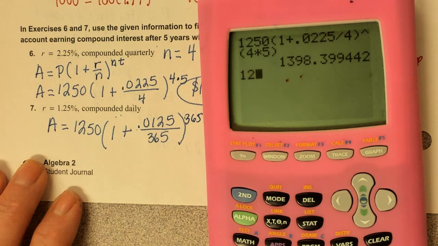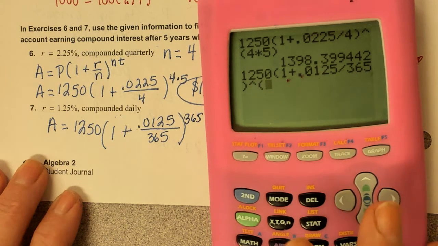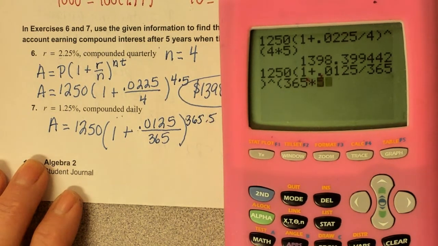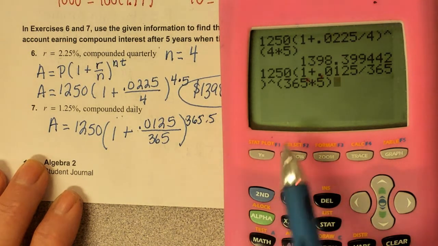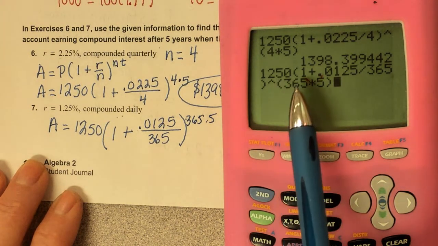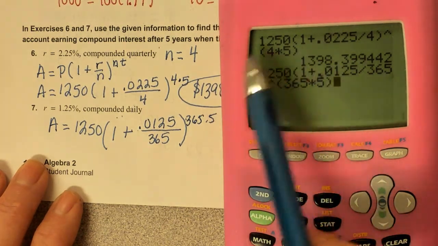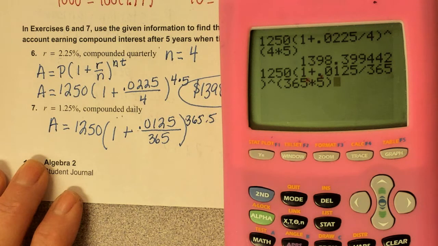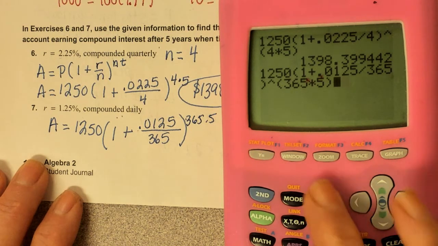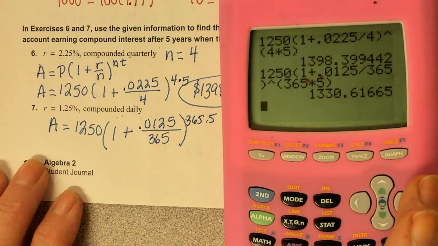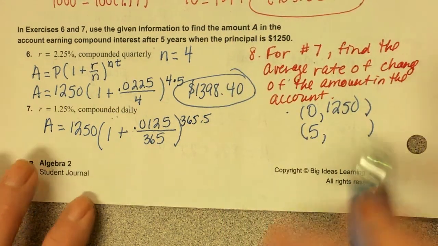I'm just going to type it in. 1250, 1 plus 0.0125. See, if I don't put this in parentheses, it's going to raise it to the 365, and then it would multiply the whole answer for that times 5, and that's not what we want it to do. And there we go, 1330.62.